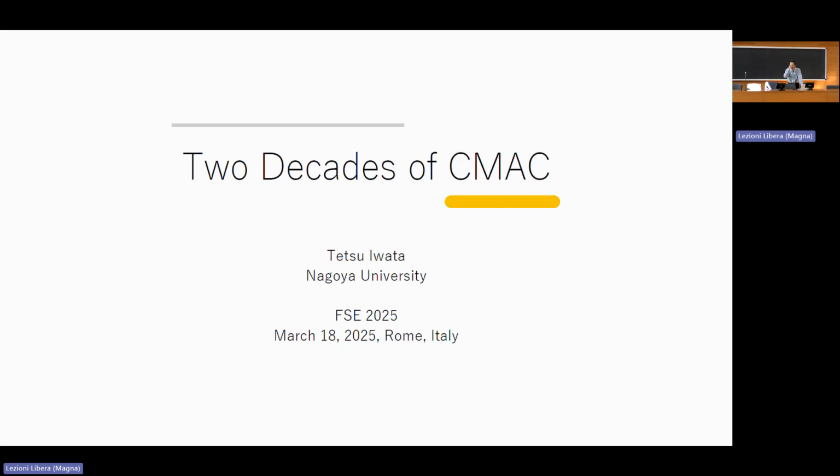Many of you know he has been renowned as one of the pioneers of the field of provable security. And he developed a number of famous and useful algorithms.